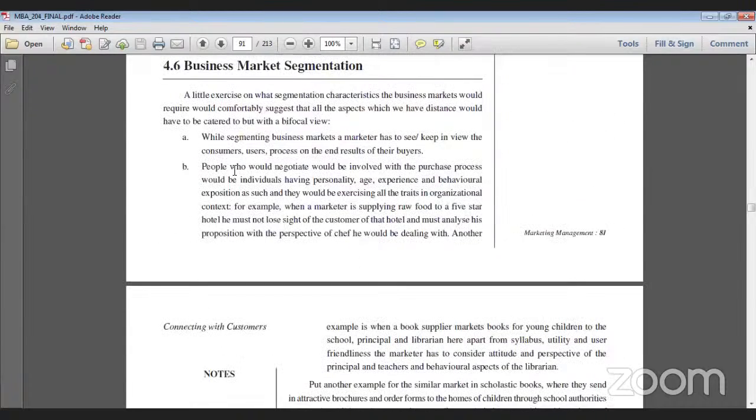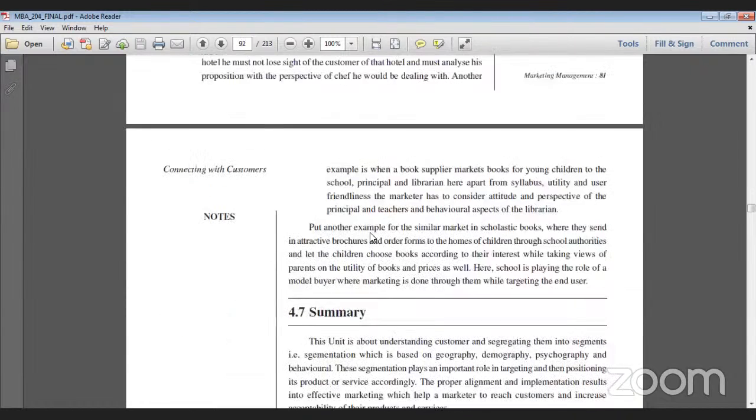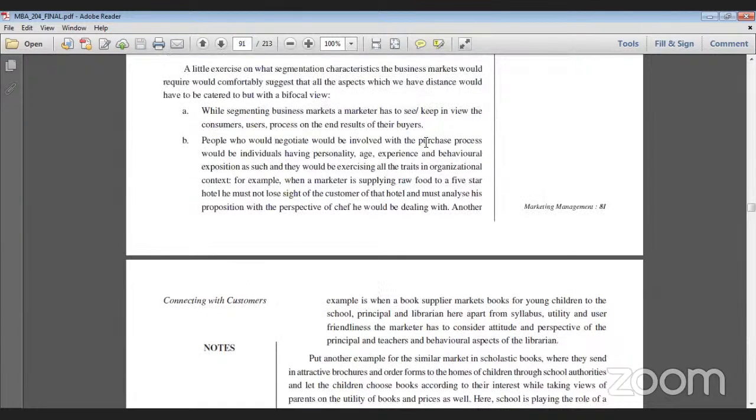Business market segmentation over here, a little exercise of what the segmentation characteristics in the business market would require more, would comfortably suggest that all the aspects which we have discussed would have to be catered to with bifocal views. Now see, they have given certain examples.